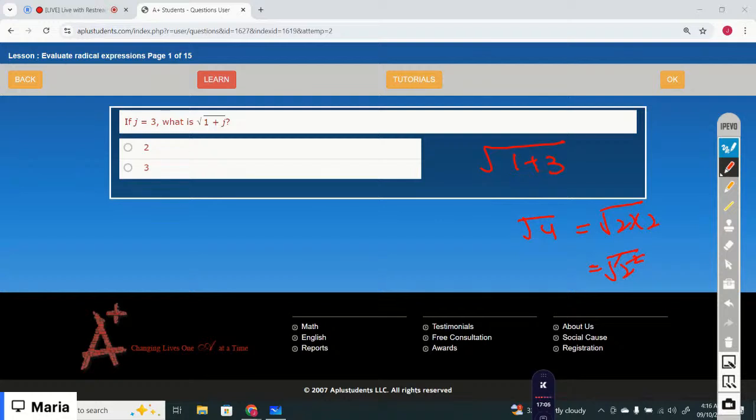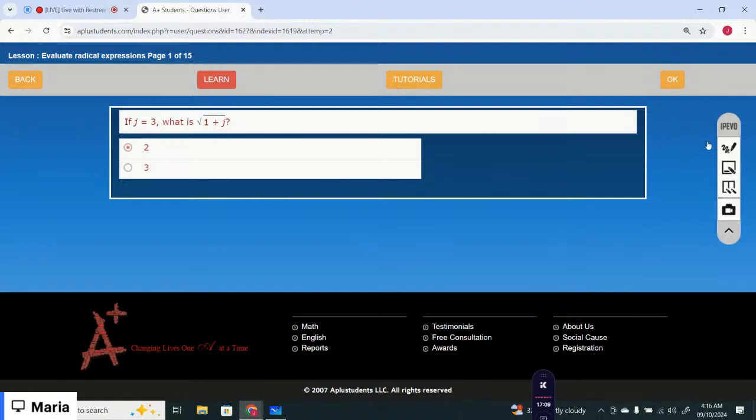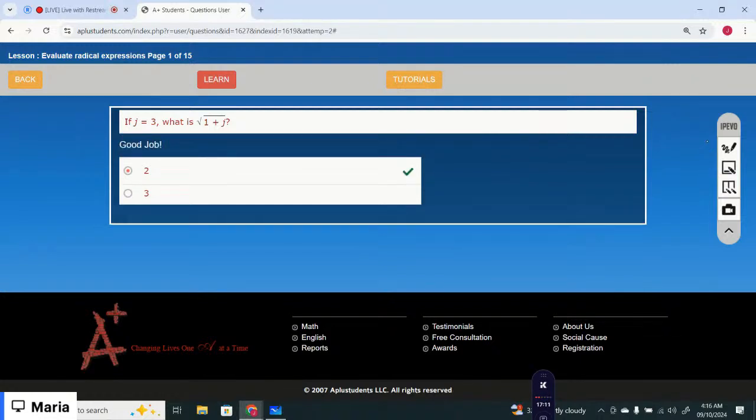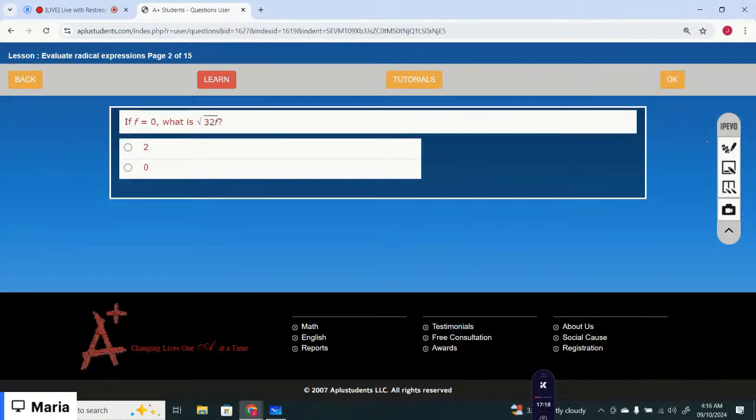The correct option is option number 1, that is 2. Okay, the next one is: if f is 0, what is square root of 32f, which is the correct option?